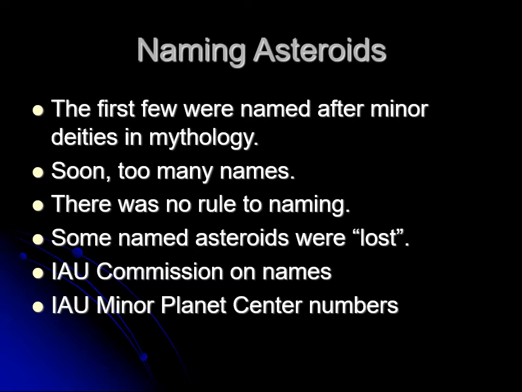You discover an asteroid, you don't get to name the asteroid. Craters on the moon, you don't get to name those craters. What happens is the IAU commission does this. Now, when someone discovers something, the discoverer can suggest a name. And usually the IAU Commission will go along with that with certain exceptions.